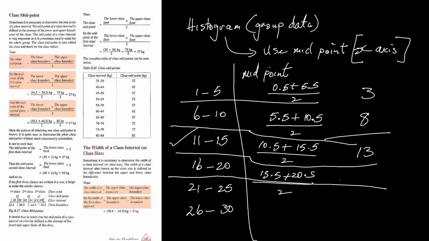I could hardly hear. 26, sir. No. 5 and 5, 20 and 15 is 35 plus 1, 36. So 36 divided by 2 is 18.